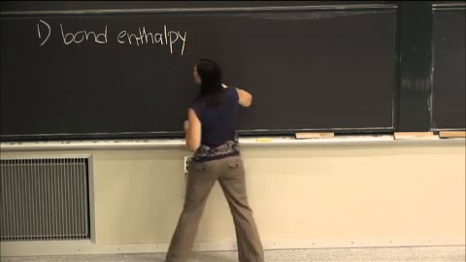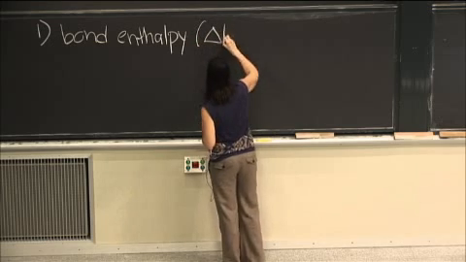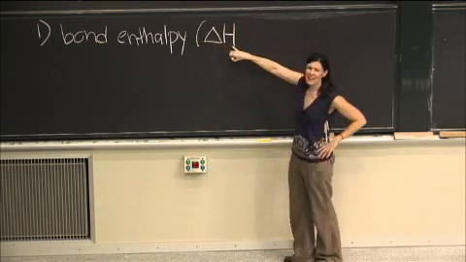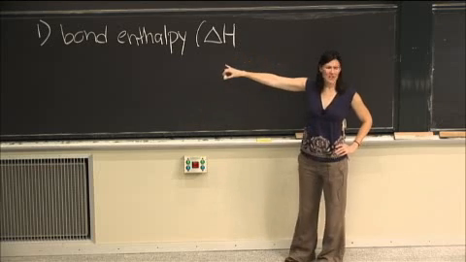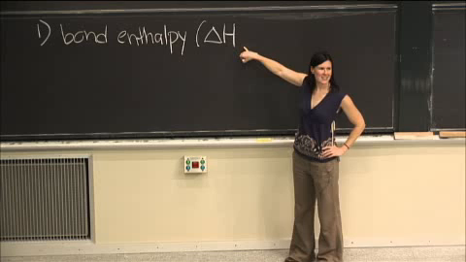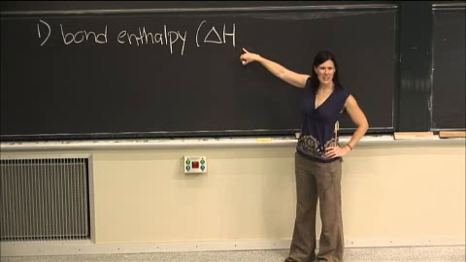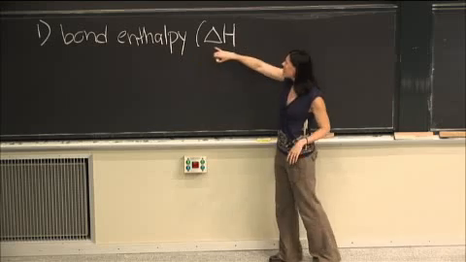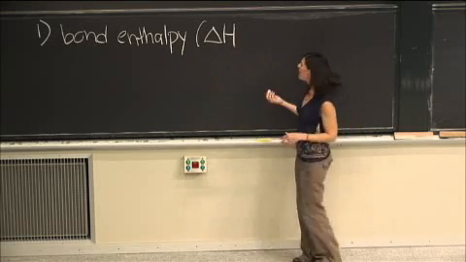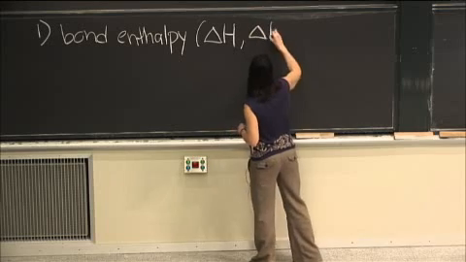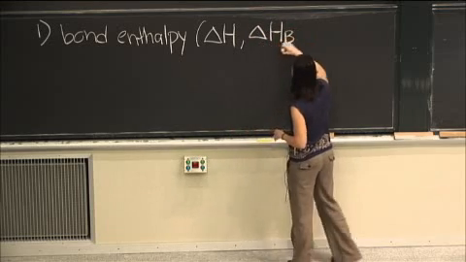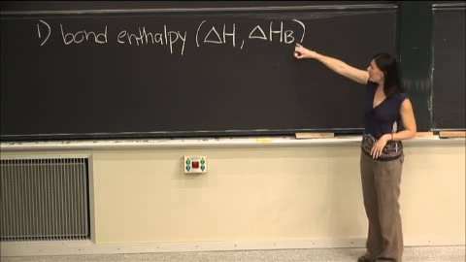And when we talk about bond enthalpy, the symbol that we see for a bond enthalpy is usually delta H. And this is where all the confusion starts because everything's delta H. It just depends on the subscript here, right, what kind of delta H we're talking about. In the case of bond enthalpy, often you see no subscript at all. But sometimes you do see a subscript, which would then just be delta H sub B here.